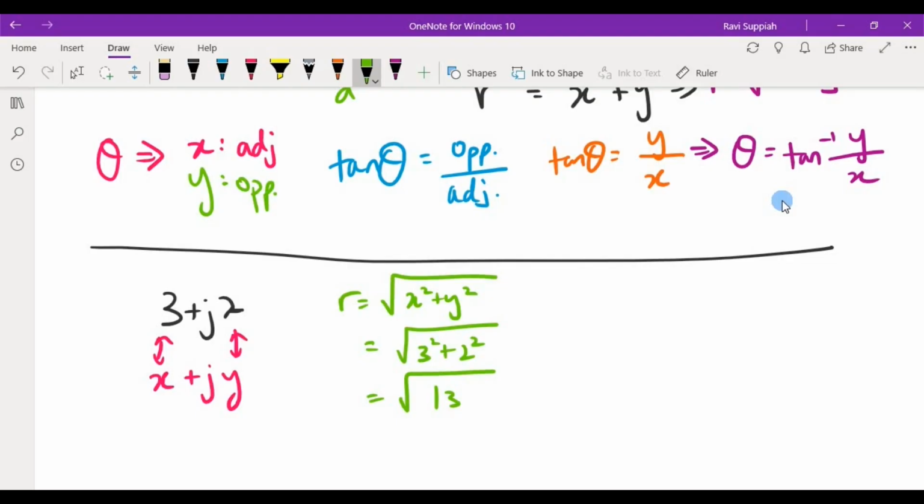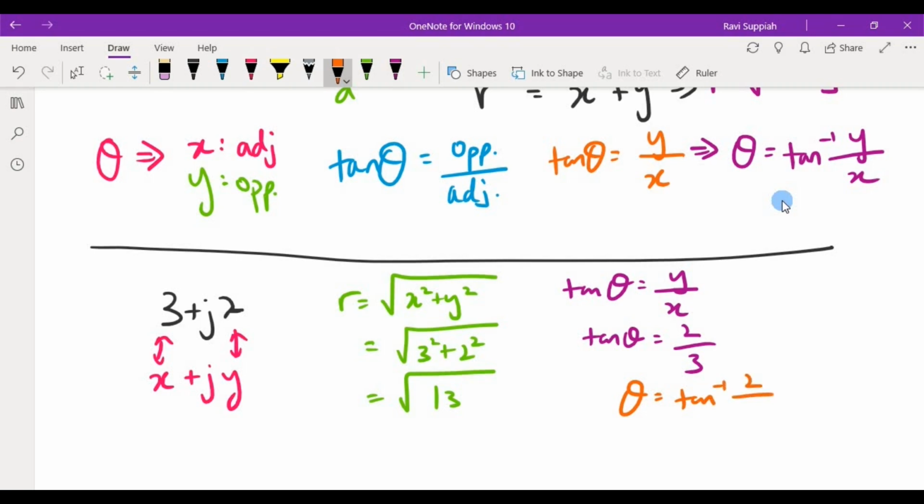For the angle, we can say that tangent theta is equal to y over x, which can be written as 2 over 3. So theta is equal to the inverse tangent of 2 over 3. In your calculator you will see the trig functions sine, cosine and tangent, and usually on top of those same buttons you have the inverse.